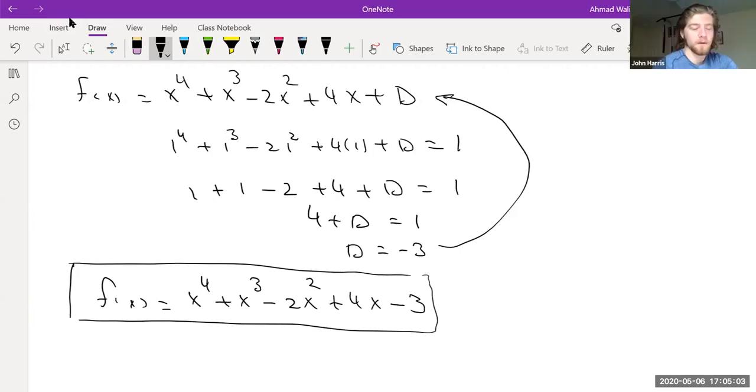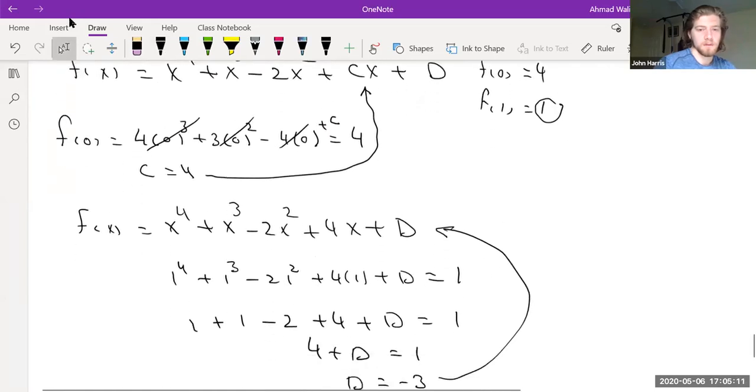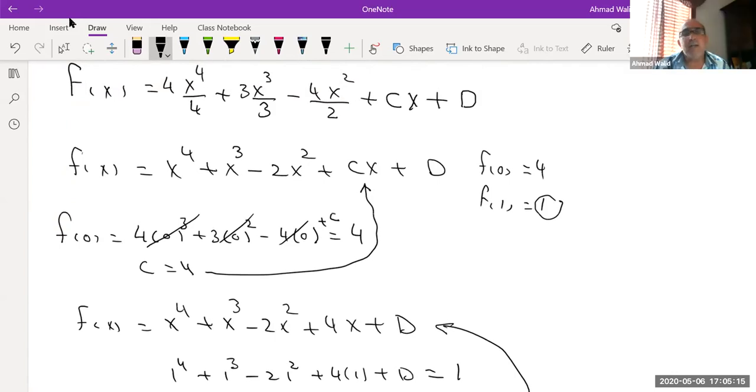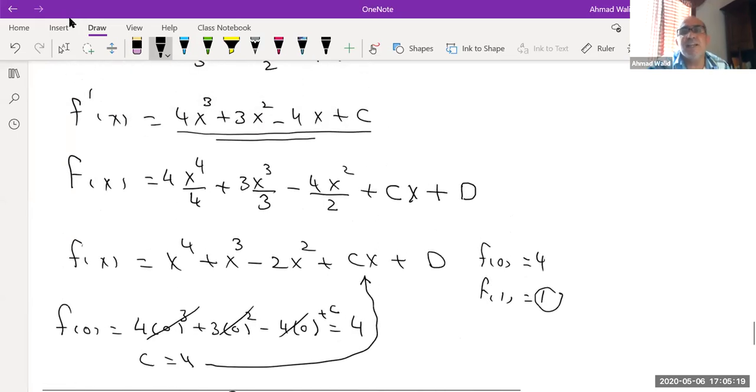I don't understand how you got c equals 4. You are looking for f of 0, and not even in this function, right? You are looking for f of 0 in this function to find the value of c. You plug in x equals 0, and f of 0 as 4 is given to you.